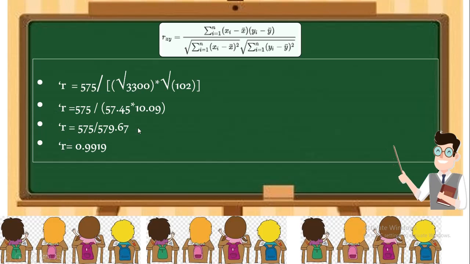By finding this, we get 575 divided by the square root of 3300, which is 57.45. The square root of 102 is 10.09, and the multiplication of both is 579.67. So correlation r is 0.9919, which tends to 1, which is very high positive correlation.